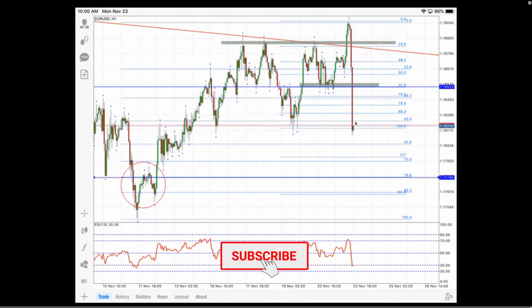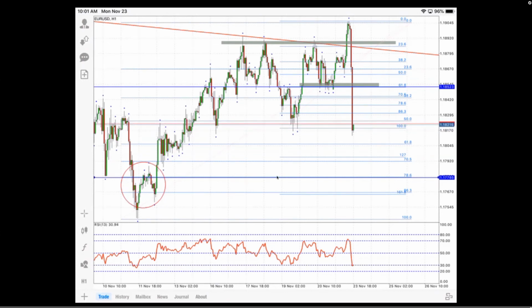I'm not in this position, I wish I was, but this is where I would look to get into the trade, pretty small, because really the big move is this 1.1780, 78.6. Remember, in this style of trading we want to let the markets come to us. We are the hunters instead of the hunted. So now we've mapped it out. We have our map here.